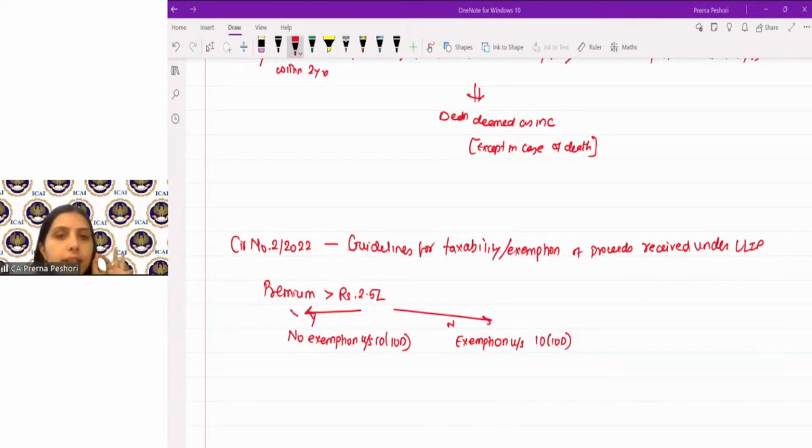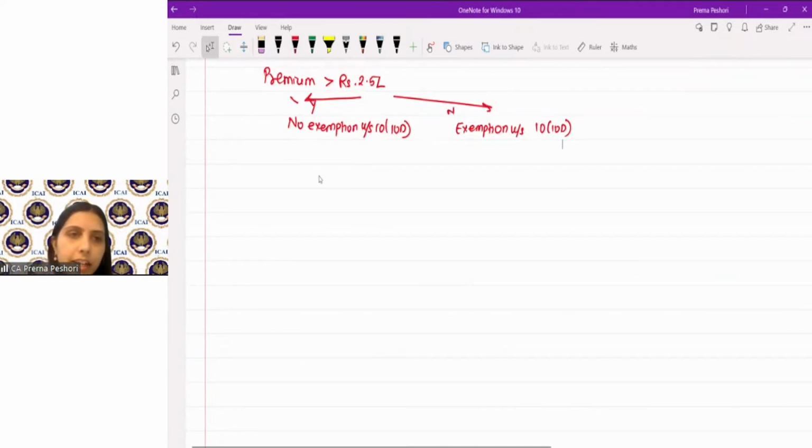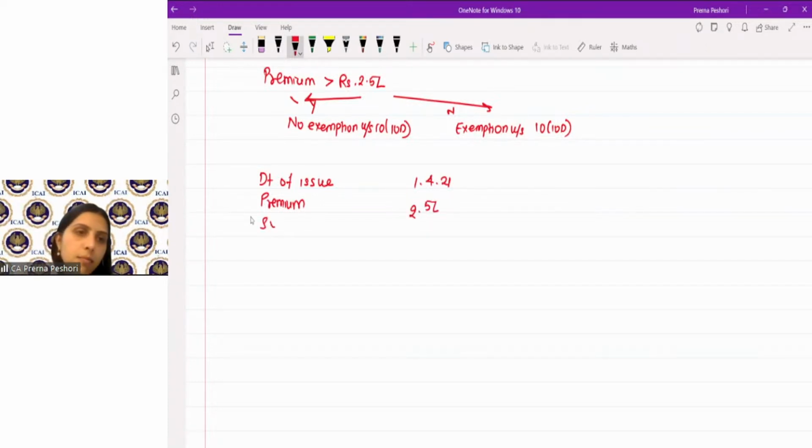Now, understand one thing. Let's take an example to understand this. Let's say the date of issue is 1/4/21. Annual premium is 2,50,000. Sum assured is ₹25 lakhs.